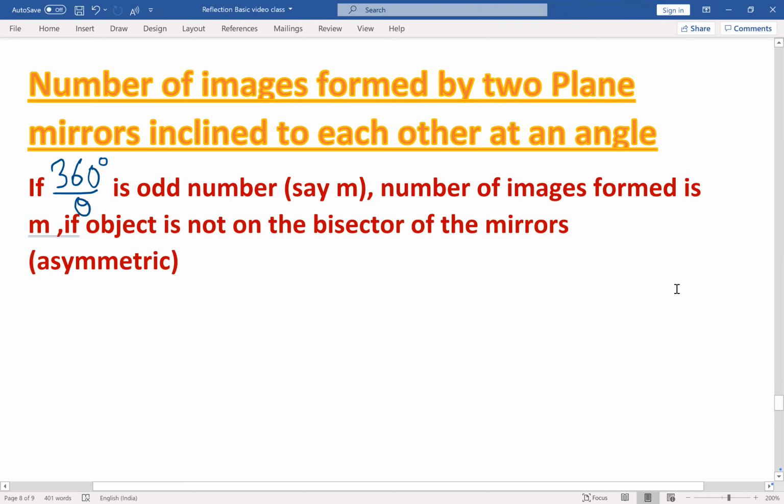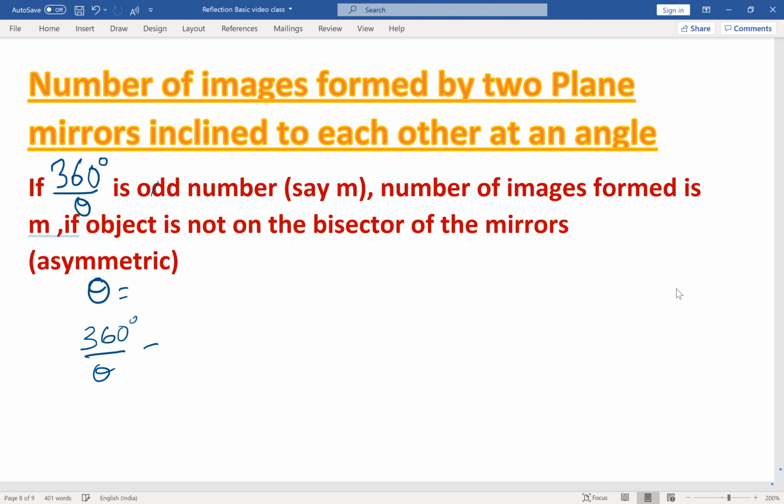There is one more specific case. If theta is the angle of inclination, but it is some value, and once you find 360 by theta, if you get some odd number, again you have to check the object is not on the bisector.